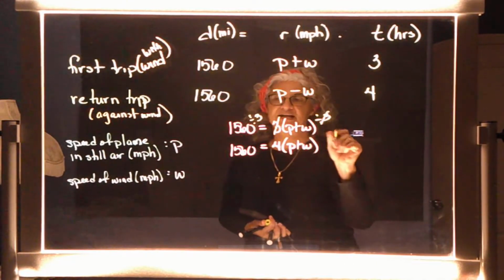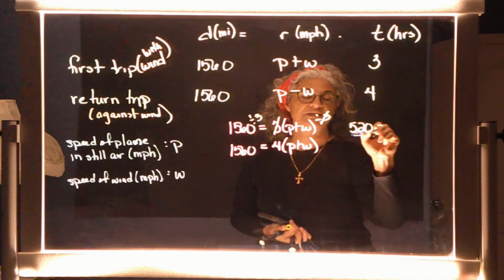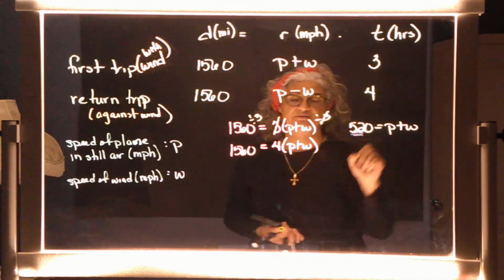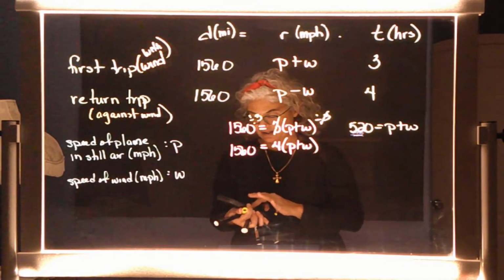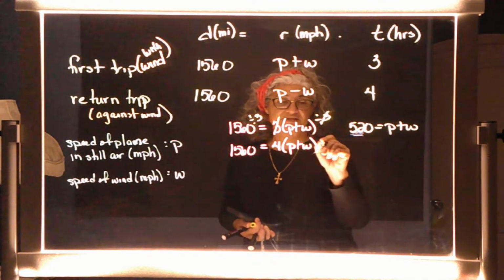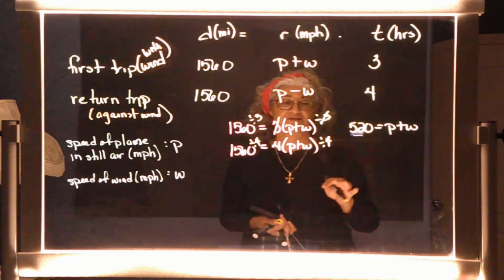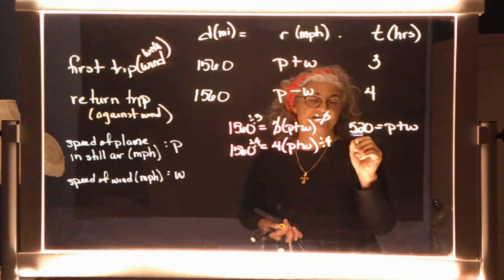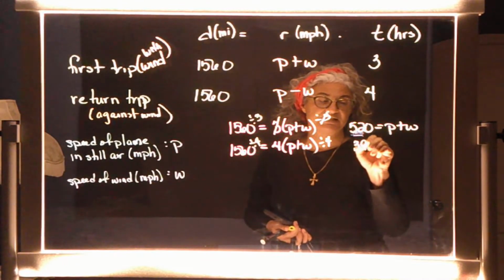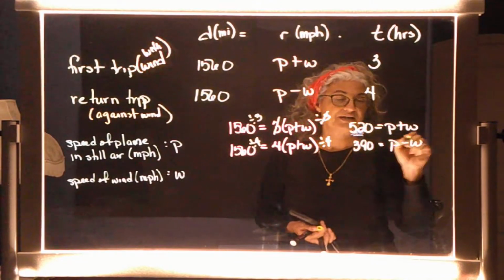It'll drop that 3 out, which will give me 520 equals P plus W. And I'm going to see if both sides divide nicely by 4 on the second one. Because if they do, my equation is looking a whole lot nicer. Does it? Yeah, it was 390. Agreed? Equals P minus W.